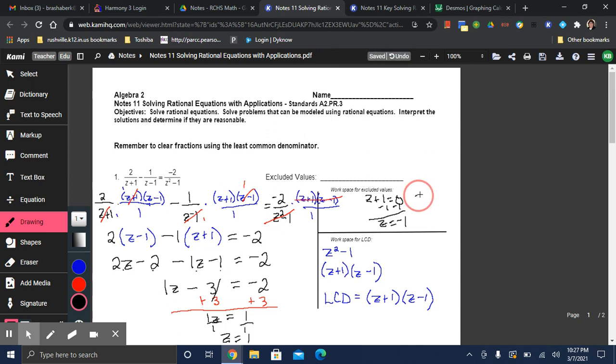Let's try the other one. The other one is z minus 1 equals 0. Add 1 to both sides, and we get z equals 1. We did get that. z is not allowed to be either -1 or +1. We got that, which is an excluded value.